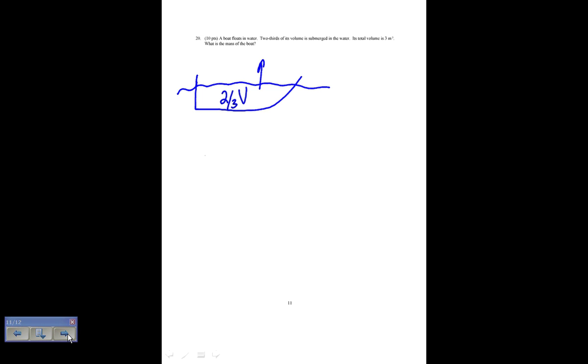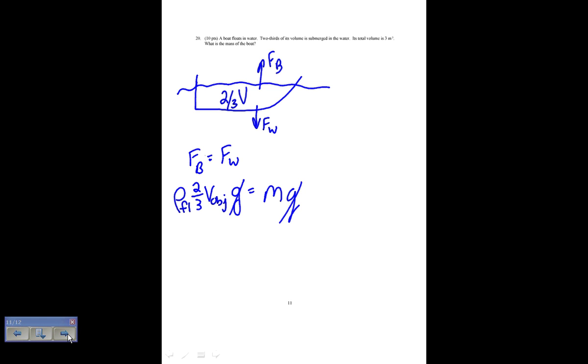I know there are two forces, the buoyant force and the weight of the boat, and the buoyant force is equal to the weight of the boat. The buoyant force is given as the density of the fluid times the volume of the object, or in this case, it's actually 2/3 the volume of the object because that's the amount that's submerged, times g, and then that's equal to m times g. My g's cancel out.